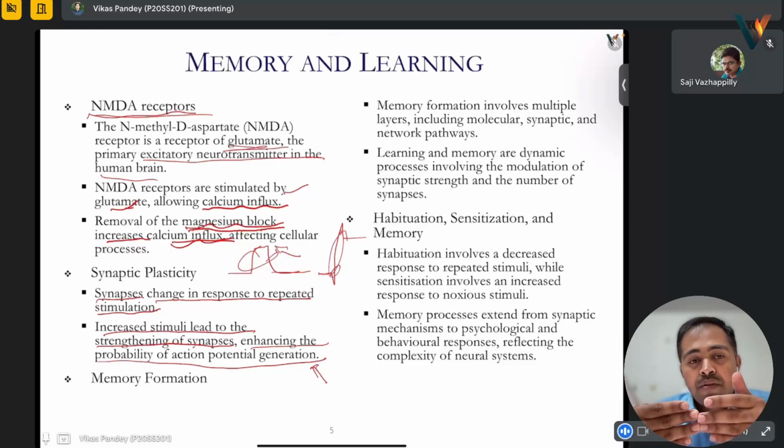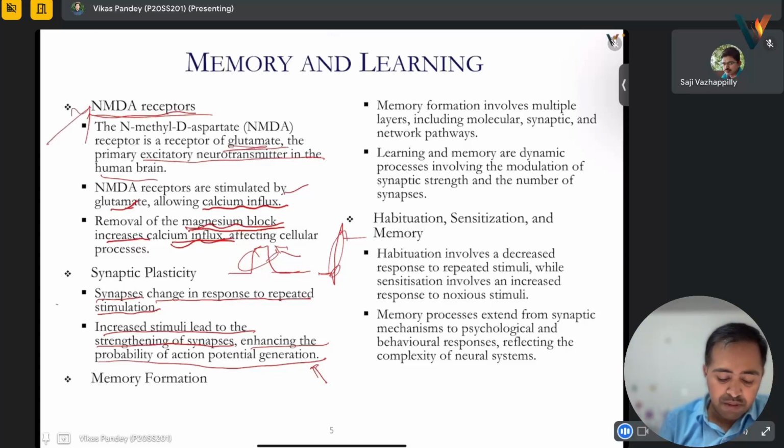Like the bonding, the structure will become more strong, and that is why that part will be quickly accessible in our memory, and this is due to the synaptic plasticity. Then how is the memory formed?